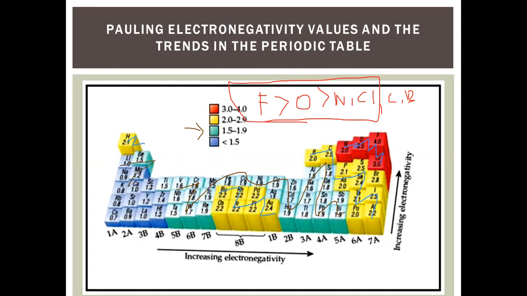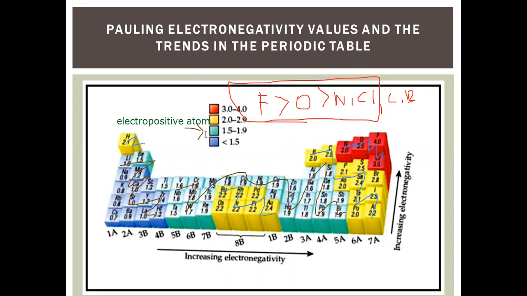And you know the alkaline earth metals and the alkali metals have the least electronegativity. We simply say those are electropositive atoms. This is what we are telling, right?